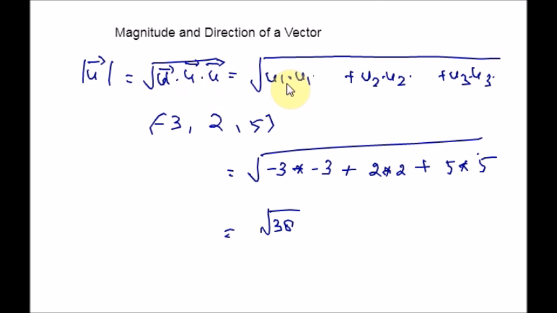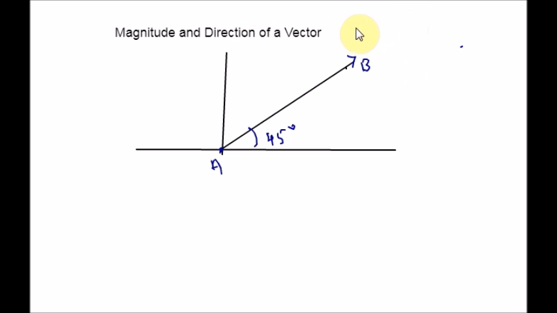Now direction. Direction of a vector is nothing but the measurement of the angle which is made with the horizontal line. The direction of a vector is the measure of the angle it makes with the horizontal line. So one of the formulas can be used to find the direction of a vector. I'll give you both the formulas. These are the two formulas.